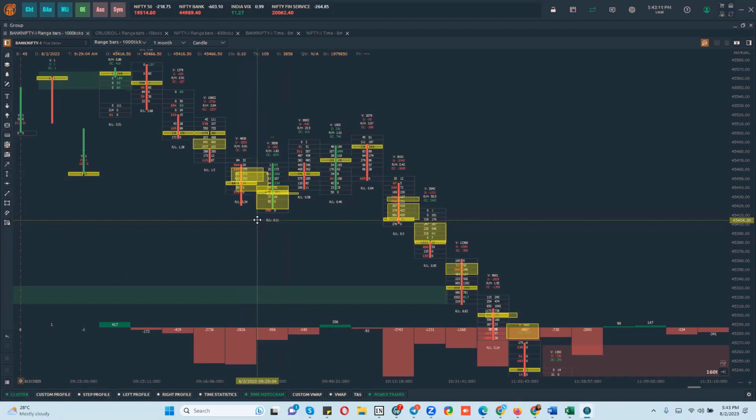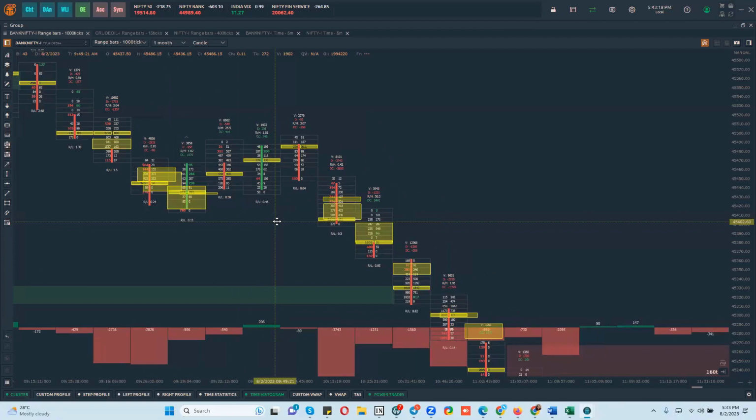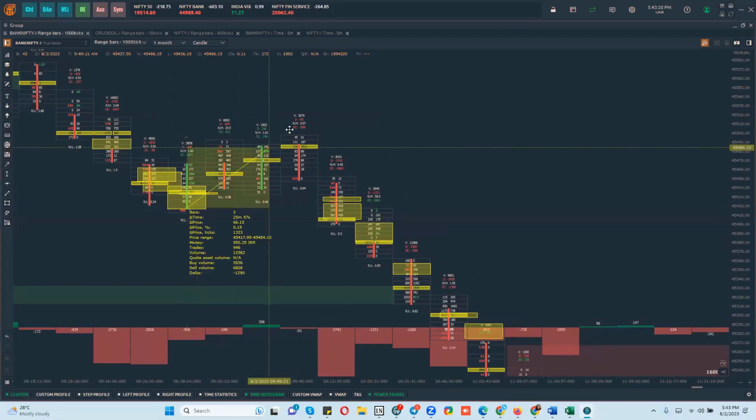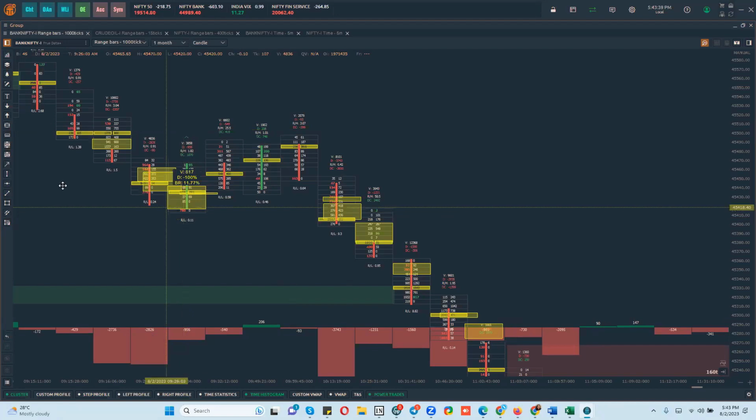This is an indication that there are a lot of resting or limit orders at this level, which forced the market to move higher. Now, this doesn't mean that this could be the low for the day, but it indicates that there are a lot of limit orders in the market. Even without looking at the market depth, you can identify them. And because of that low value, you will see the market recovered from this level.